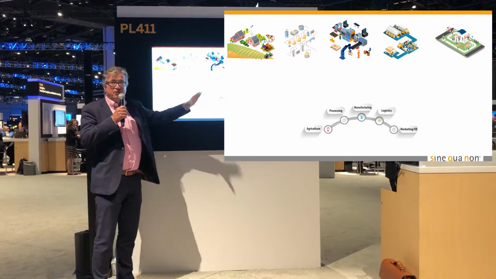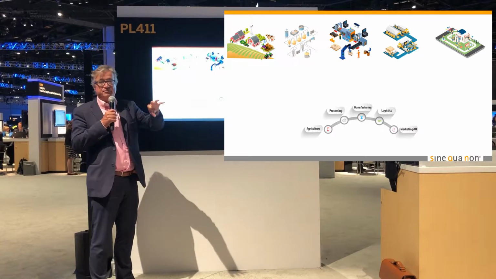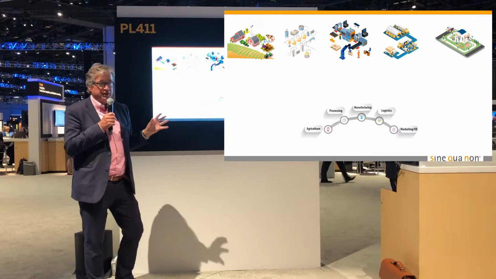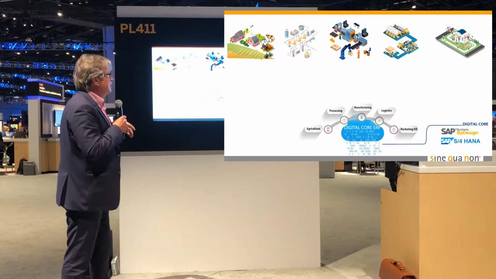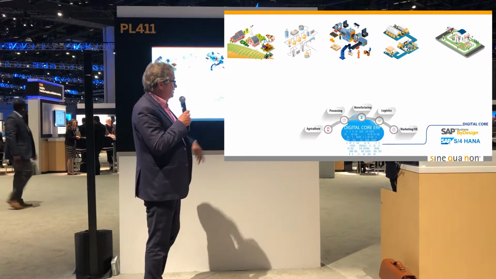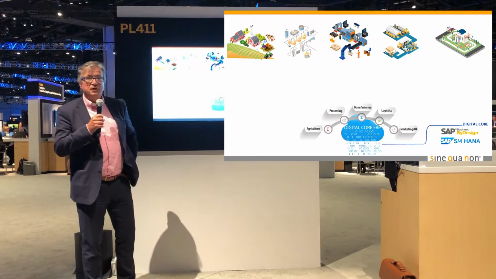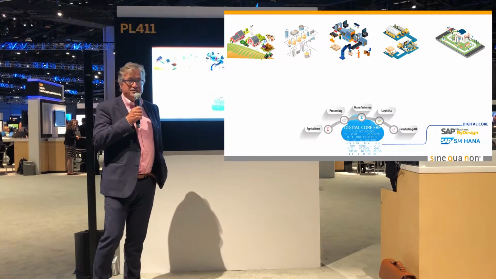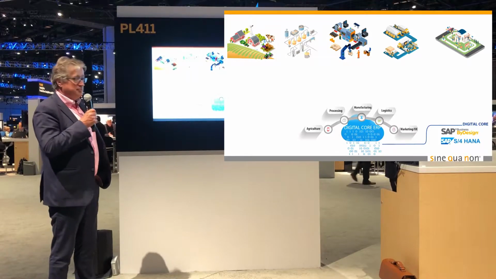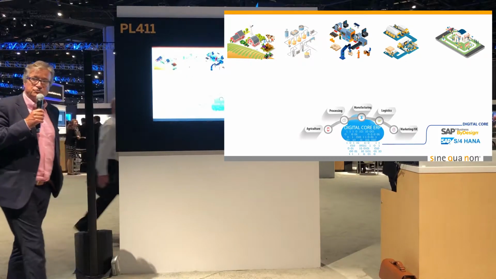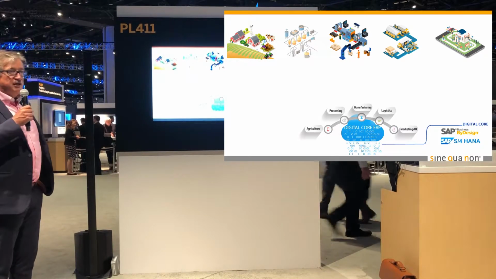We cover all this with different items of solutions which we put together in the last 18 months. We start with the digital core. Digital core in our case is always either SAP Business ByDesign as a cloud solution or SAP S/4HANA.